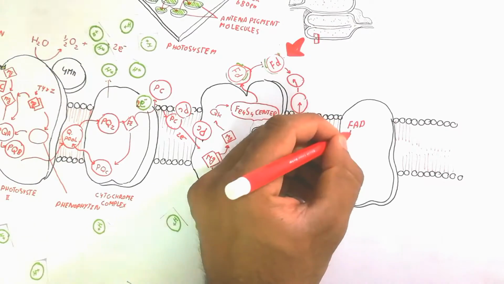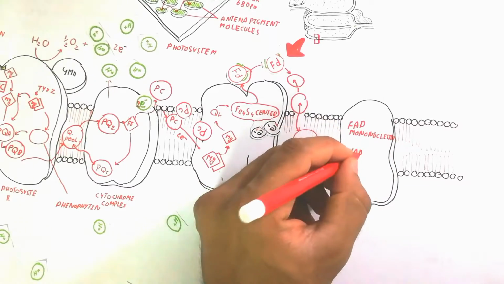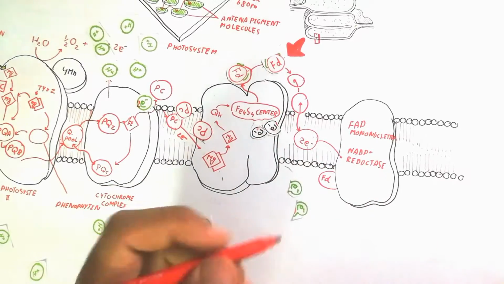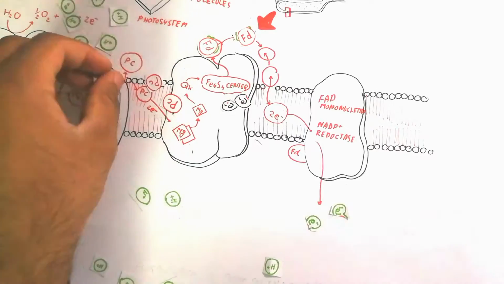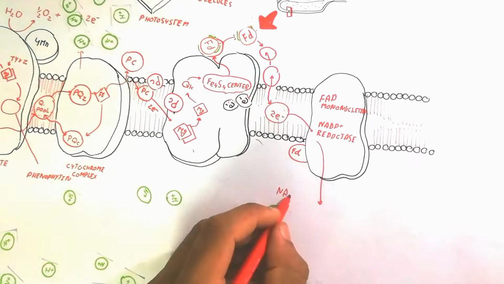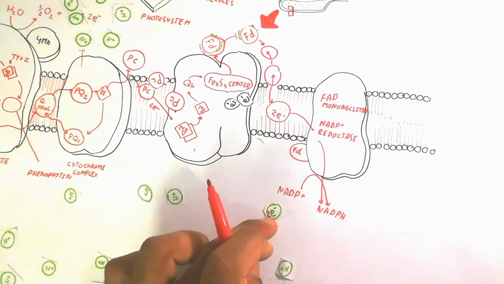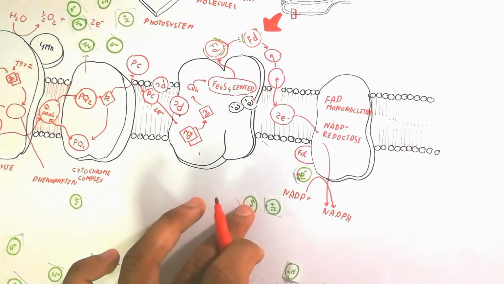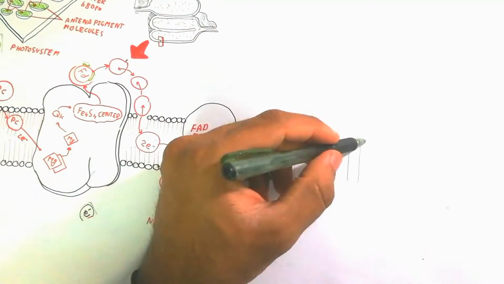The FAD mononucleotide is present here, and the NADP+ reductase enzyme, where the electrons enter, goes from the lumen out into the stroma. NADP+ is converted into NADPH using 2 electrons and 1 proton. The 2 electrons and 1 proton are responsible for making one NADPH.